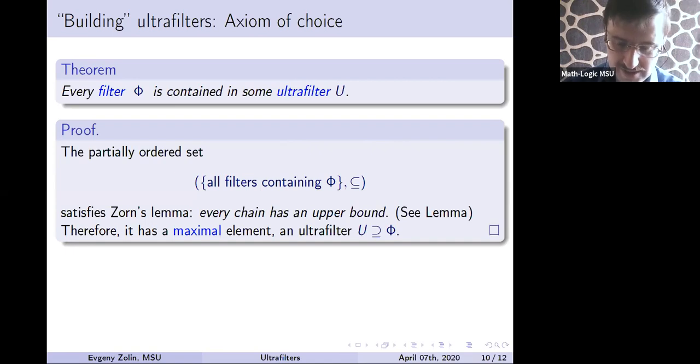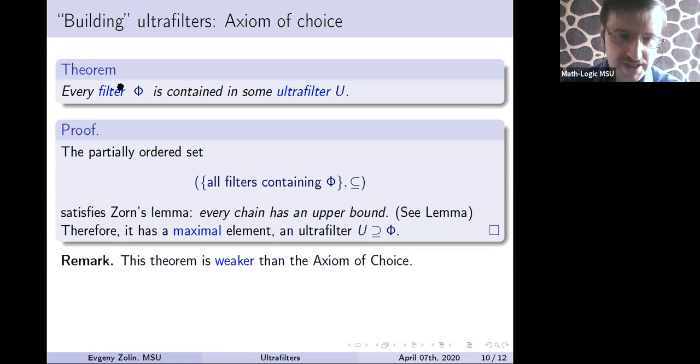There exists some ultrafilter, but you cannot give an explicit construction of how to build this ultrafilter U. So this theorem follows from the axiom of choice. Recall that the axiom of choice is an equivalent statement for Zorn's lemma. So this theorem follows from the axiom of choice, but the axiom of choice doesn't follow from this theorem. So it is not an equivalent statement for the axiom of choice.